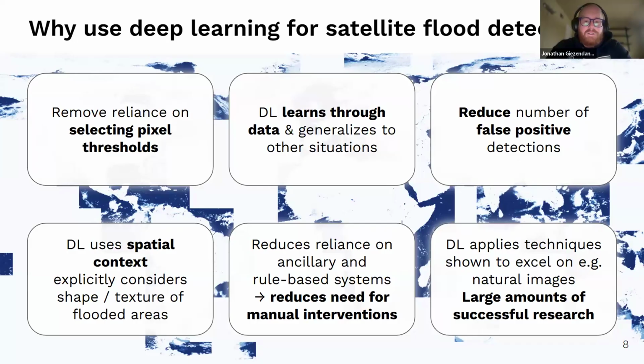It also reduces the need for manual intervention and correction of maps down the line. And in the past 10 to 15 years, deep learning has been shown to outperform those more classical approaches, and there is a very large amount of successful research in that area.